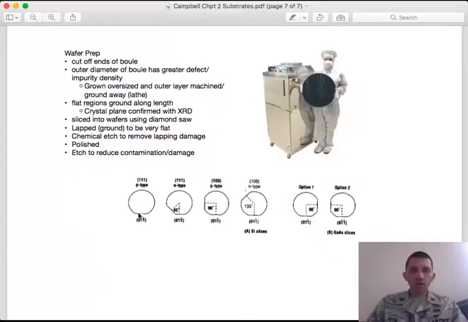And then along the regions of the boule, probably before you slice it, they do X-ray diffraction to confirm the crystal orientation that they wanted to grow. And then once they've confirmed that, there's a system that microfabricators use to identify the crystal plane direction of a particular wafer, right?